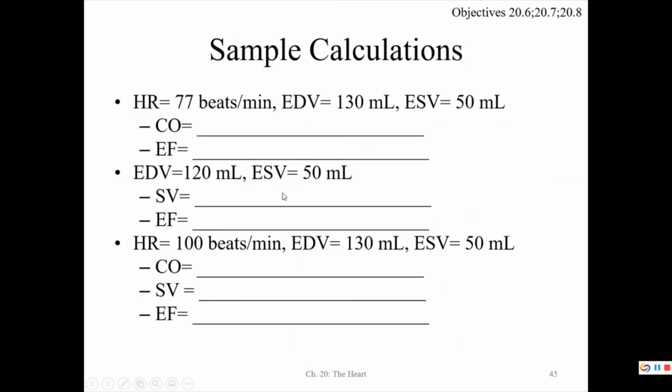Okay, what I am going to do is have you guys calculate these, and these are practice sample calculations. There are things you may have to do. Cardiac outputs, stroke volumes, ejection fractions. I kind of flipped them around a little bit here. EF is ejection fraction. I give you guys the beats per minute, the EDVs, the ESVs. Sometimes you don't need all of those things. Sometimes you do.